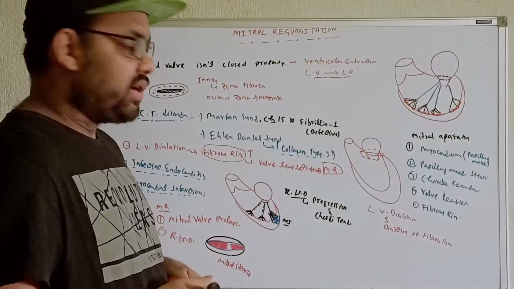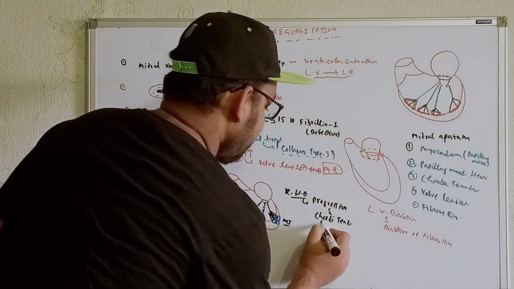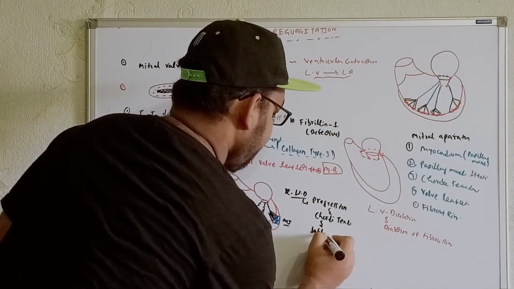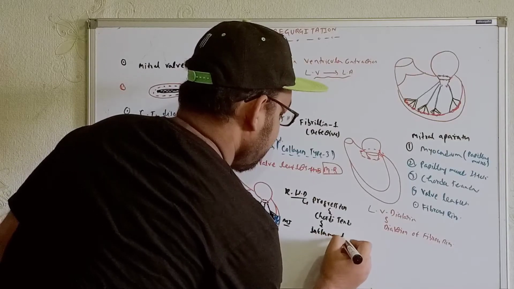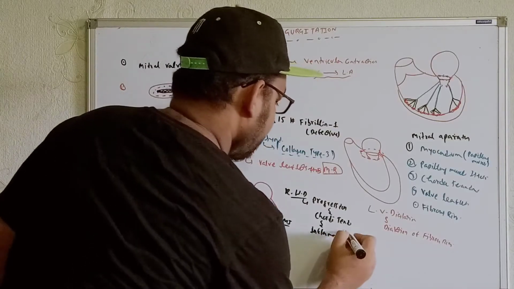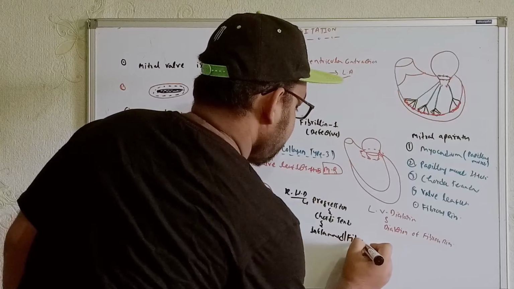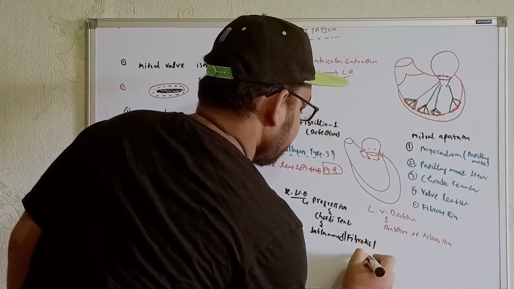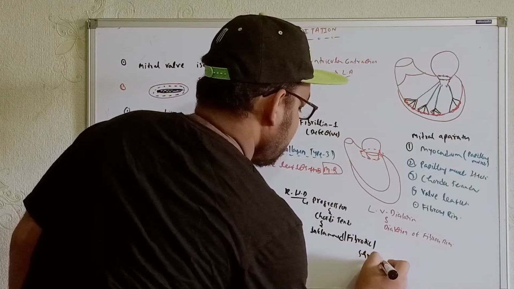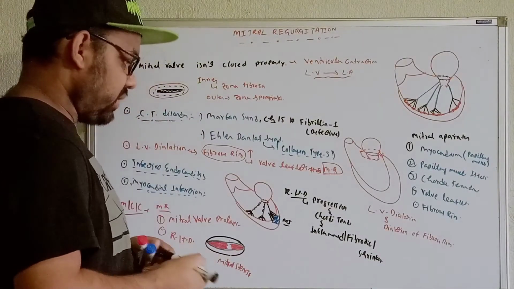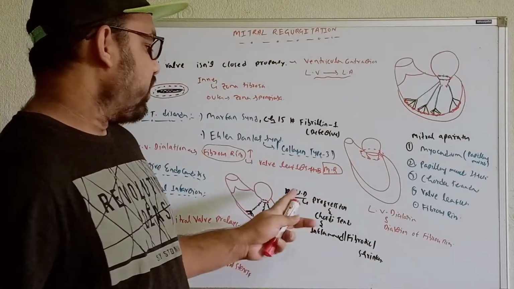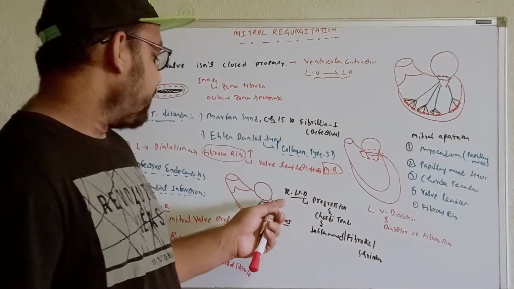So in these cases it will be inflamed, fibrotic, and shrunken. Try to understand: whenever rheumatic heart disease progresses from the valvular regions to the cardiac tendon, what type of changes will we see within it? It will be inflamed, fibrotic, and shrunken.